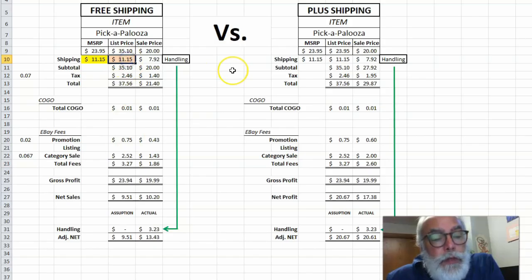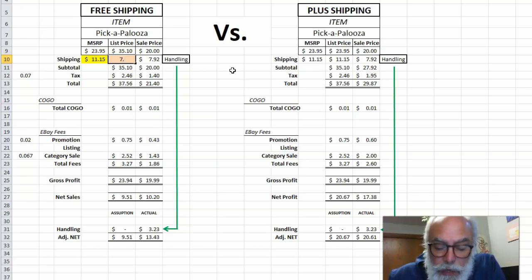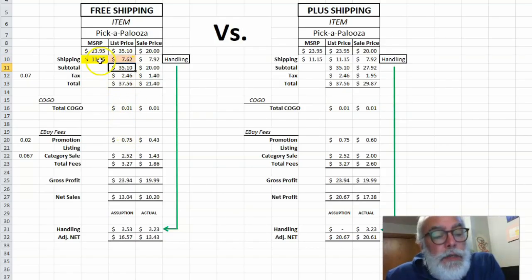Now, if we go in here and we just keep our list price as it is, and our shipping cost comes in at 7.62, that changes things because our list price remains the same, but our shipping actually went down.